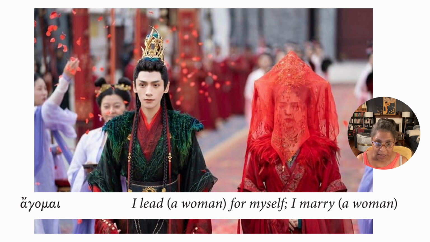So agomai gunaika, I marry a woman. So here you have to get married is what's happening. So it literally means I lead a woman for myself to my house with my parents, whatever, right? So I marry. So that's a special middle passive meaning with the verb ago.